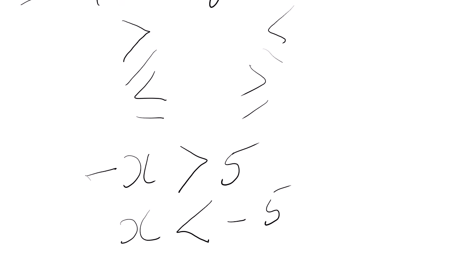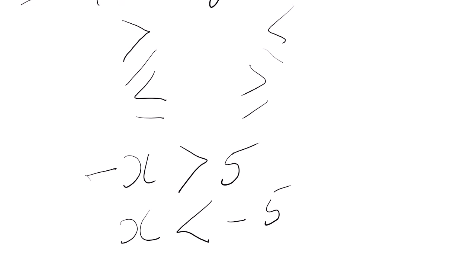Whenever you multiply or divide, not only divide, you are multiplying. Suppose minus x, you want x, you have to multiply by minus 1 or divide by minus 1. Then only you will get plus x.